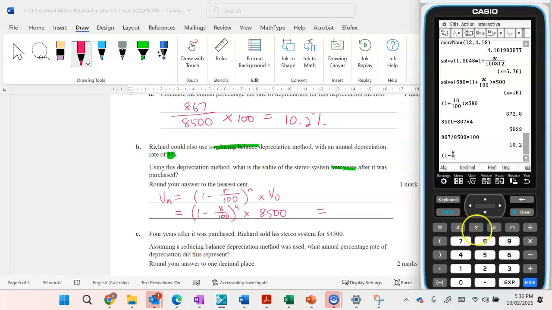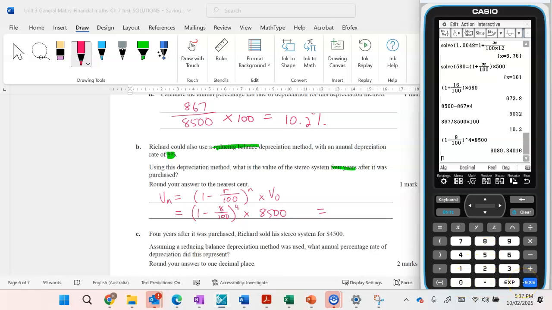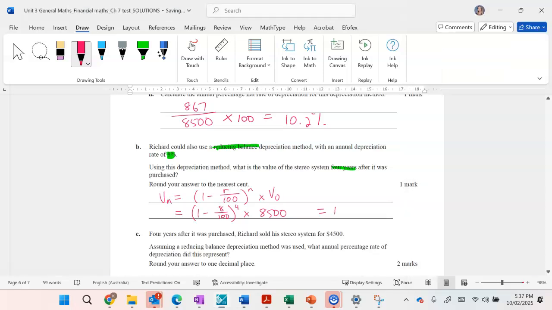Put that to the power of 4 because it's 4 years, and then we multiply that by the original amount. And we're doing it to the nearest cent, so 6,089.34.